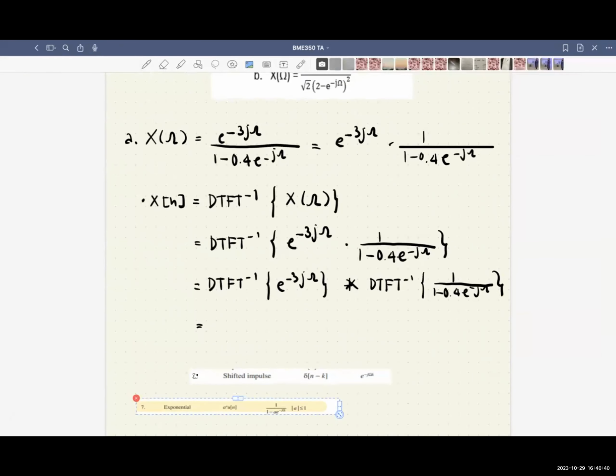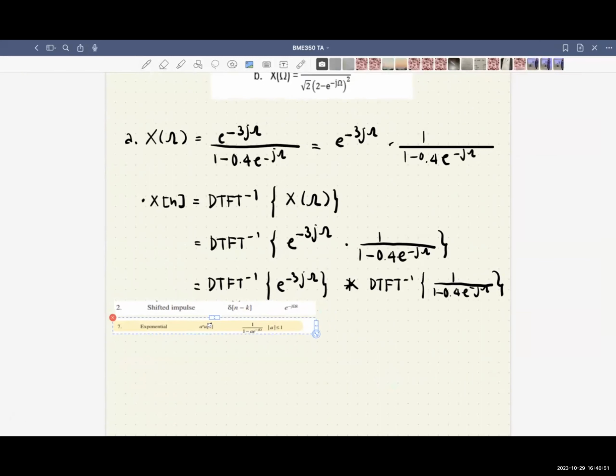Therefore, can I move this, please? Okay. So if we look at the first term, according to the first term with the shifted impulse pair, can anyone help me identify what my K will be?